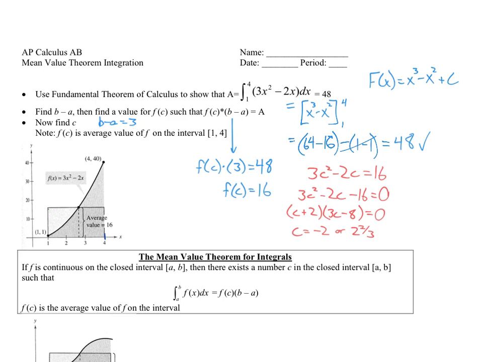If f is continuous on a closed interval from a to b, then there is a number c in the closed interval such that f of c is the average value of the function on the interval. Okay? And the integral from a to b of f of x dx will equal f of c times b minus a.